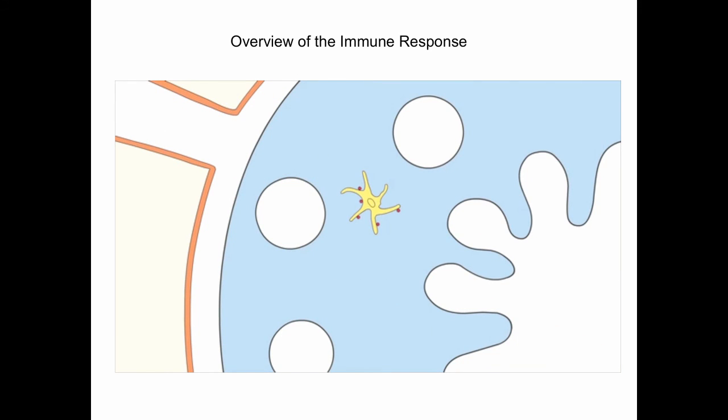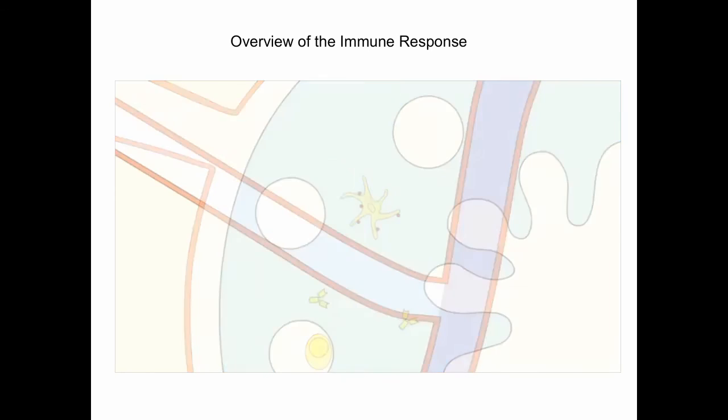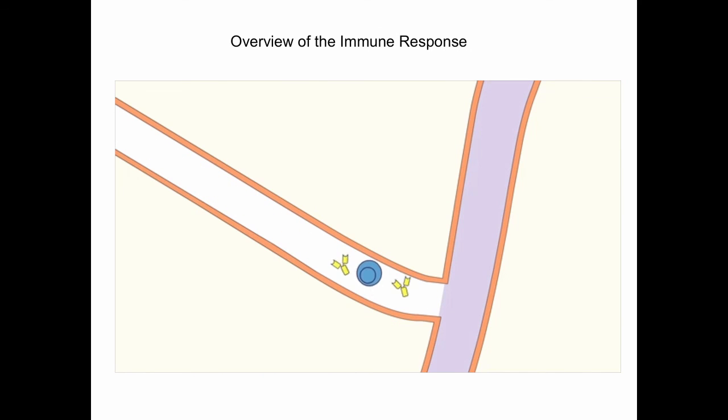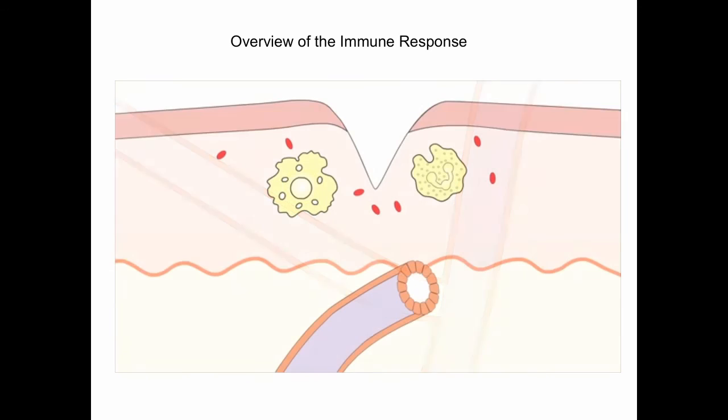In the lymph node, T cells are activated by antigen presented by the dendritic cells, and in turn activate B cells to secrete antibody. Effector T cells and antibody molecules return to the circulation. They leave the circulation again at the site of infection, where inflammatory mediators have induced changes in the blood vessel endothelium.